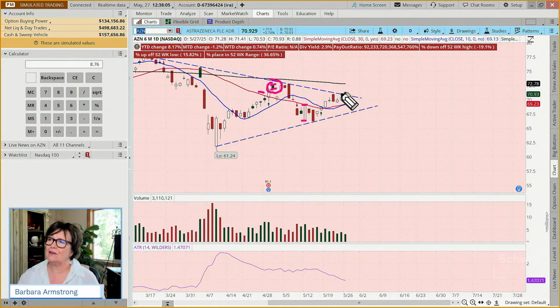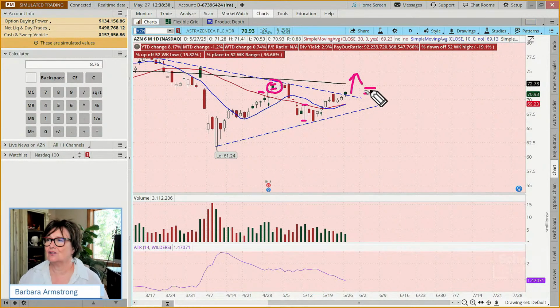And so what we have here is something that gapped on the open and is now sitting right on this diagonal resistance line. And that's a little less strong than one that gapped open and then just kept on trucking. So far, this one has opened here and it's now trading here.